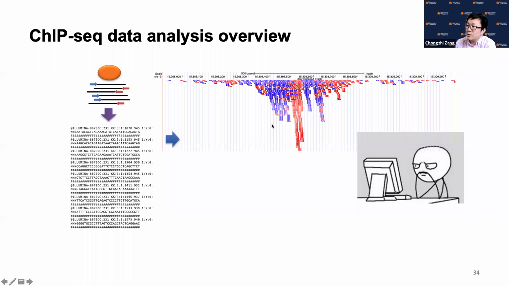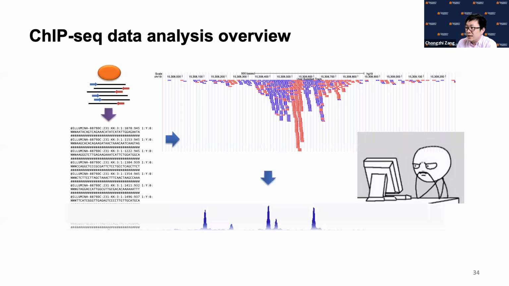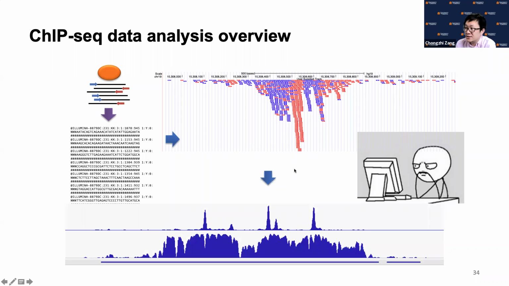A certain region will have an enrichment, and that could indicate a protein-DNA interaction site or transcription factor binding site. But this type of plot is not very intuitive visually, and we want to convert this representation to another type, like this profile, which looks much nicer.